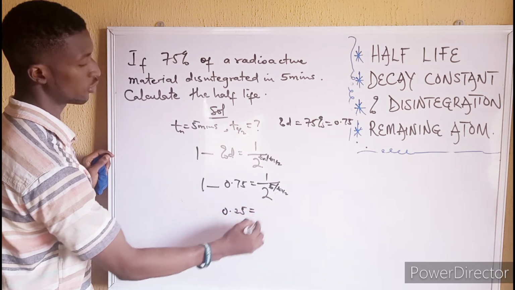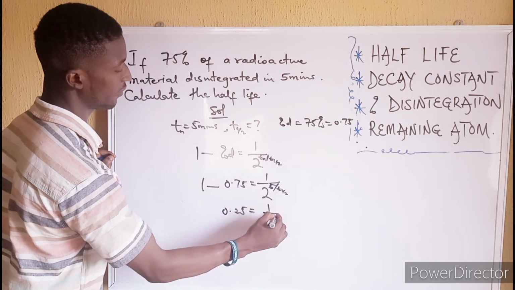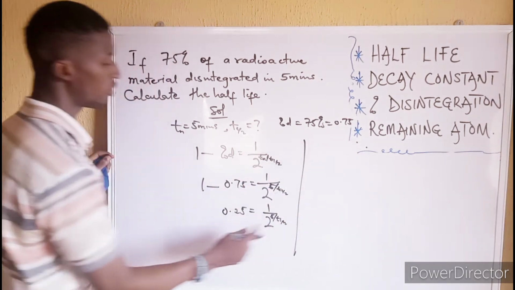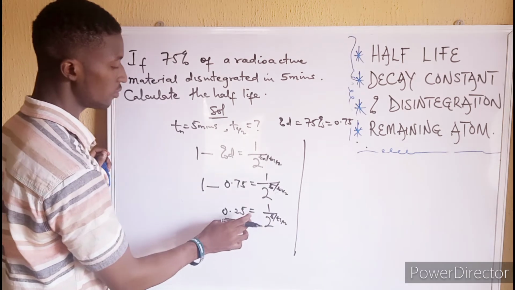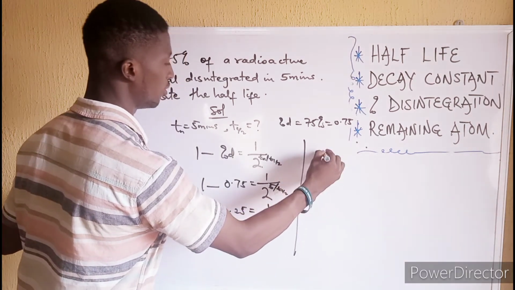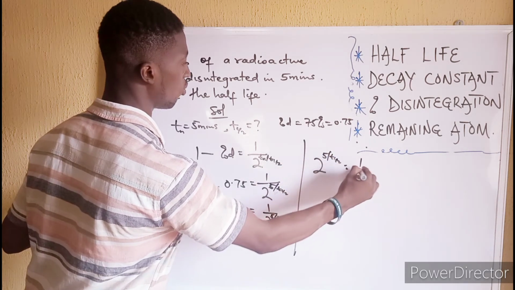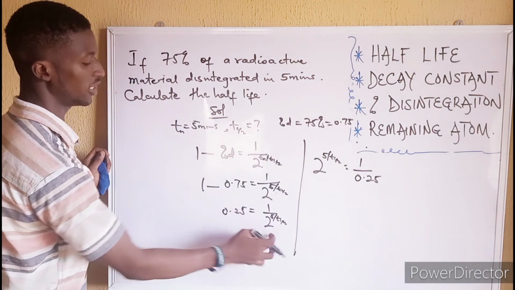So from here we have 0.25 is equal to 1/2 raised to power 5 divided by the half-life. From this expression, we can now have that 2 raised to power 5 divided by the half-life is equal to 1/0.25, when you interchange this.